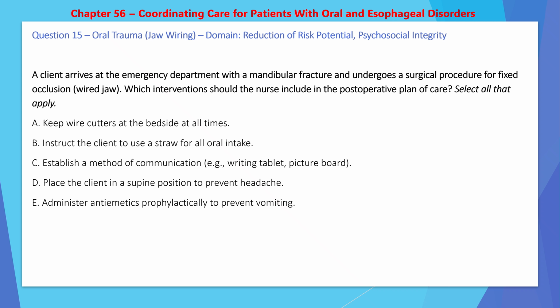Select all that apply. A: Keep wire cutters at the bedside at all times. B: Instruct the client to use a straw for all oral intake. C: Establish a method of communication, writing tablet, picture board, etc. D: Place the client in the supine position to prevent headache.